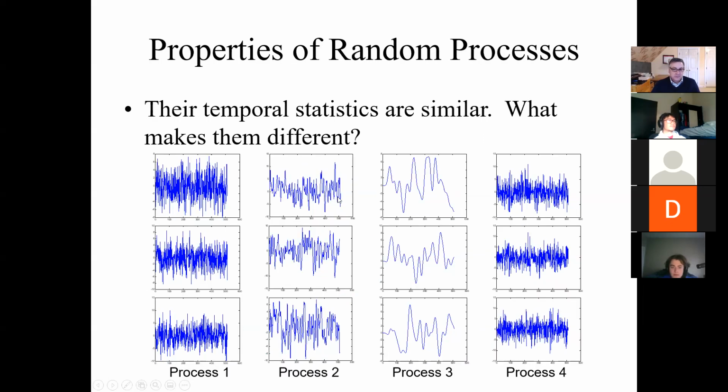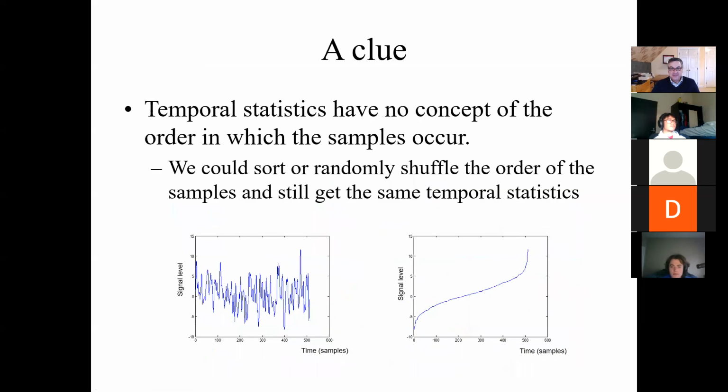And so, you might be seeing where we're going. It's probably going to be something about the ensemble statistics that describes the differences between these. A clue to that is that the temporal statistics have no concept of the order in which the samples occur.